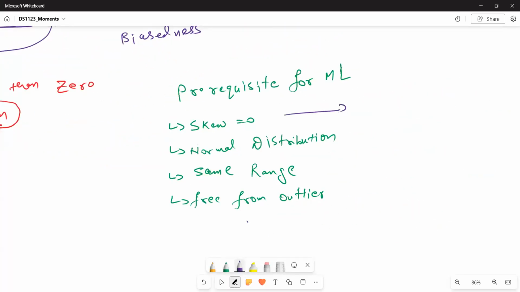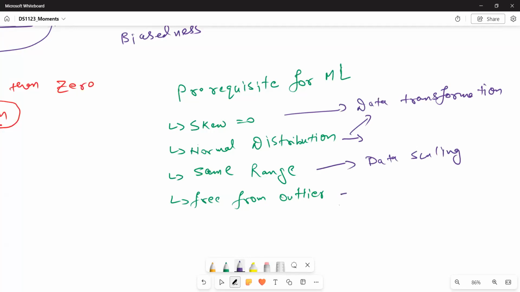to make the skewness zero, data transformation is applied. To convert it into normal distribution, here also data transformation is applied. To bring it into the same range, data scaling is applied.